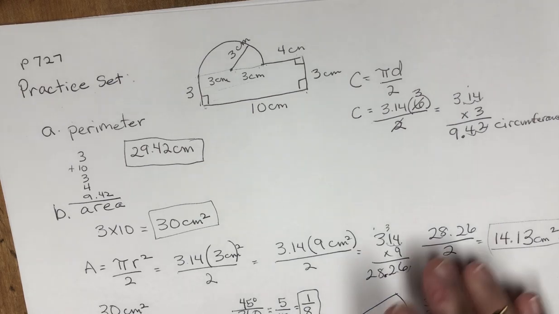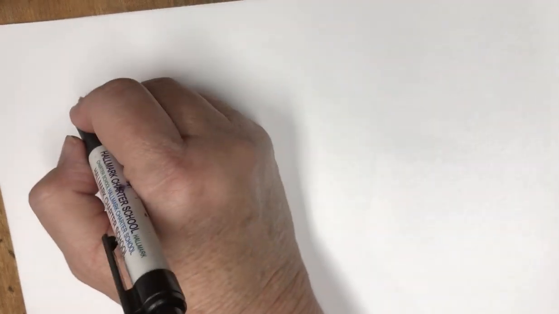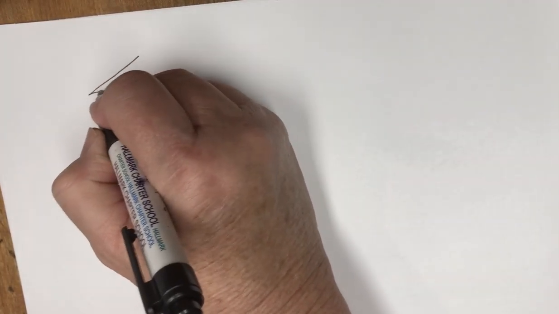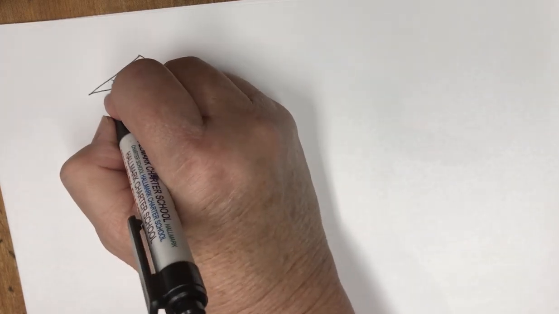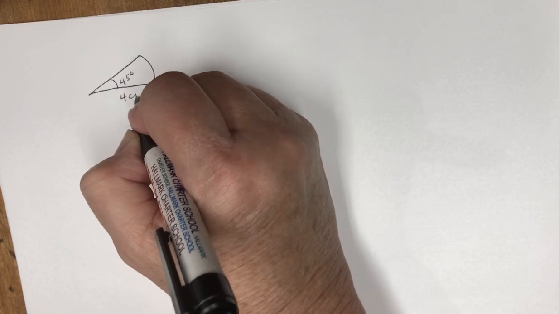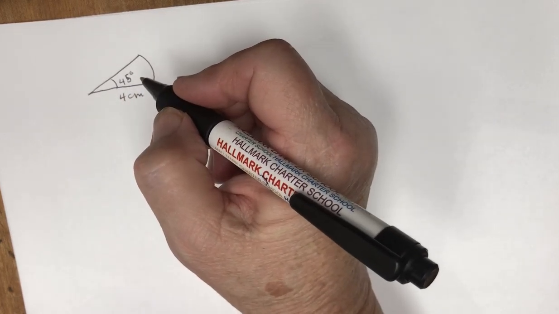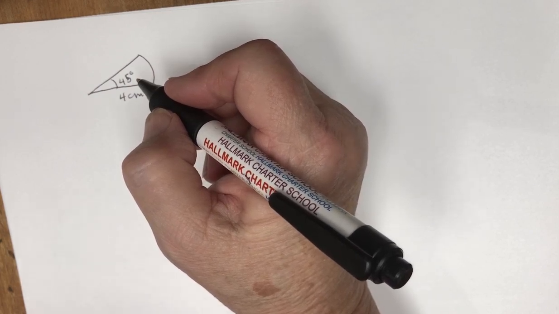Now the last thing they ask us to do is to find the perimeter. We still have the same little sector. It's 45 degrees. This is 4 centimeters. Find the perimeter of the figure in problem C. Include the arc and 2 segments.